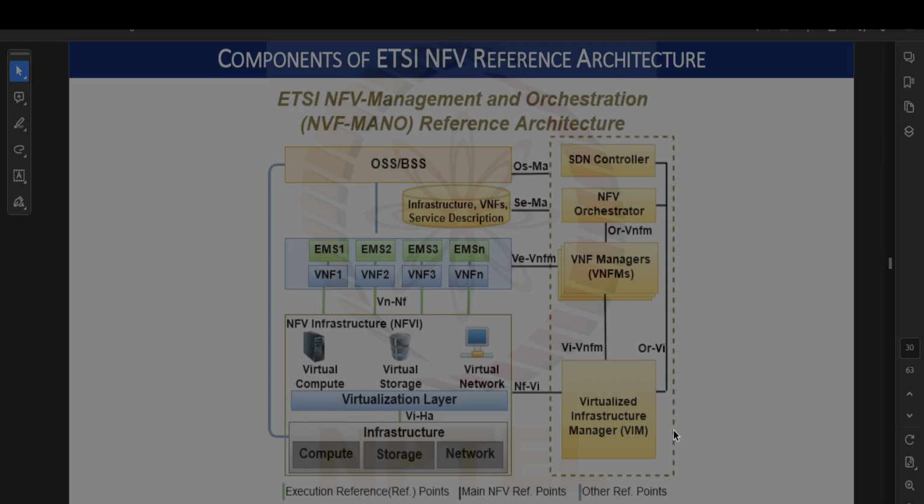This remains the same, as we discussed. An addition here is the EMS, the element management system.